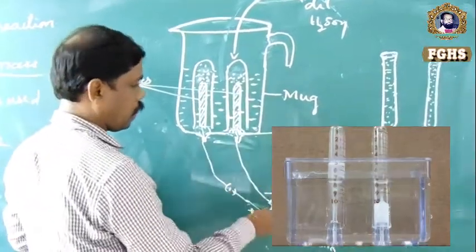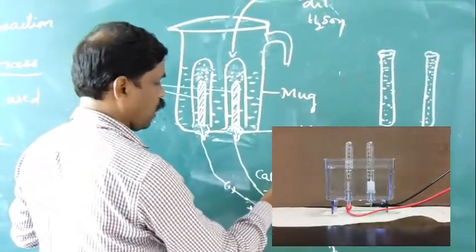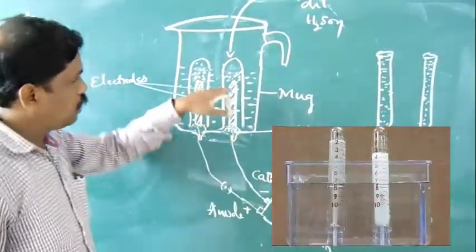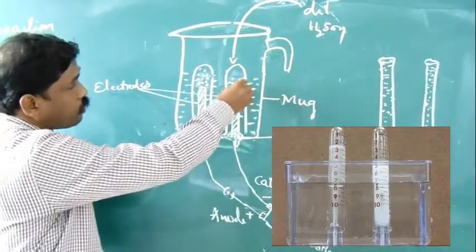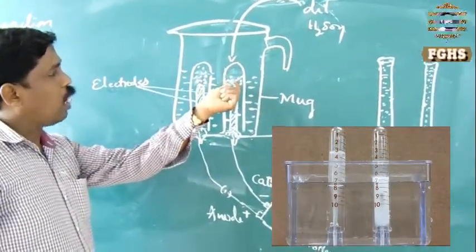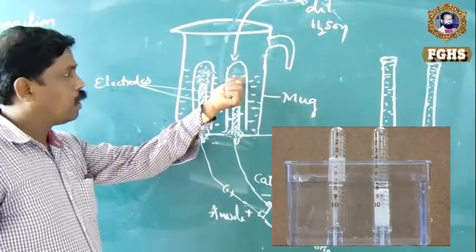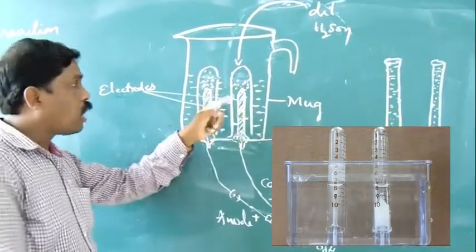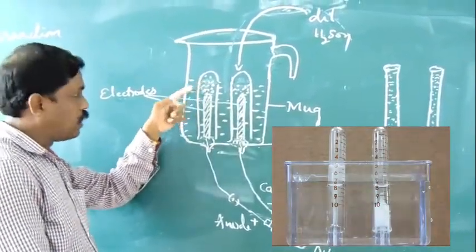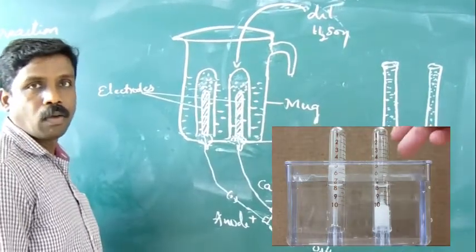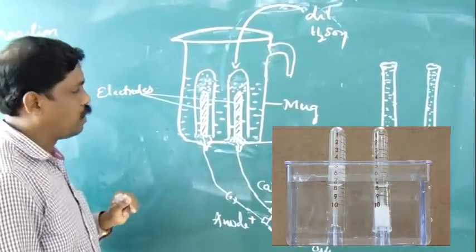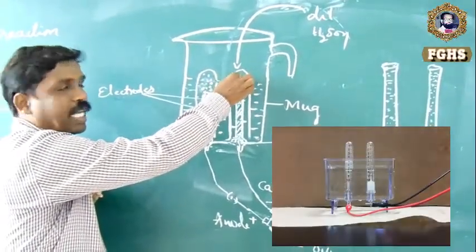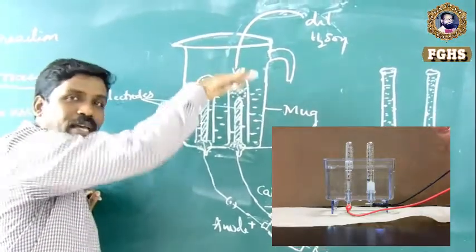Here, this is the cathode and this is the anode. On the cathode side, the amount of gas collected is twice the amount of gas collected in this test tube on the anode side. Why has it happened? Because more gas is collected in this test tube, it displaces more water.